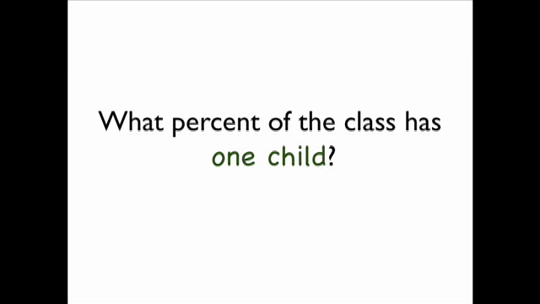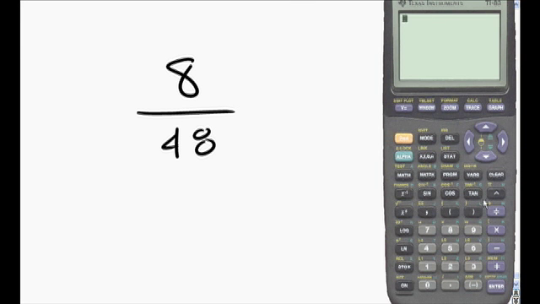What percent of the class has 1 child? Eight students out of the 48 students have 1 child. Approximating this number to the nearest thousandths means that this third 6 makes the second 6 a 7.